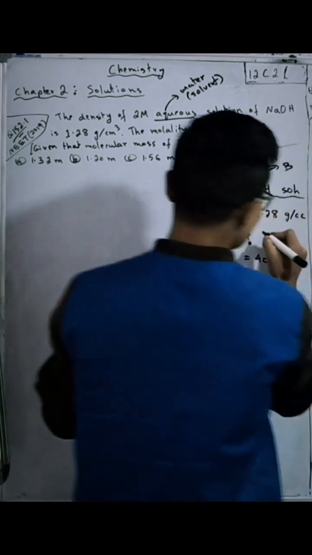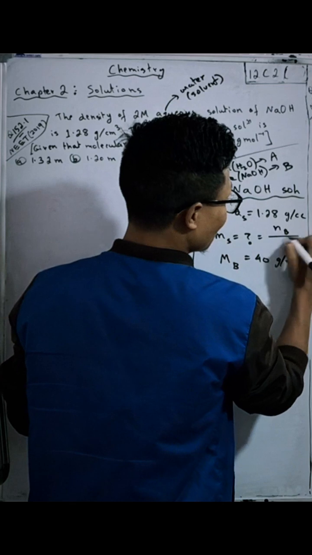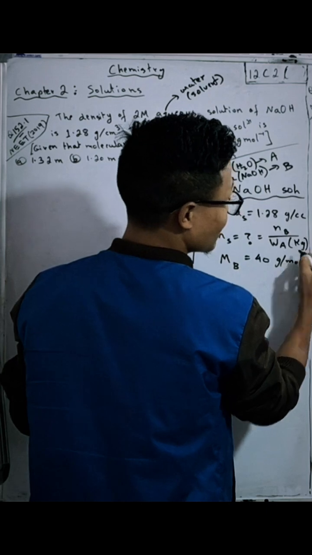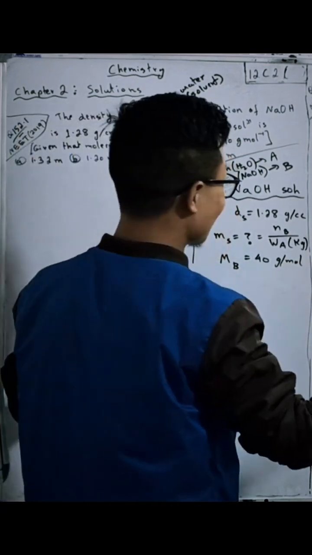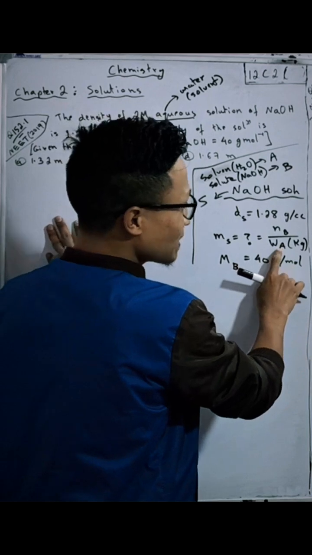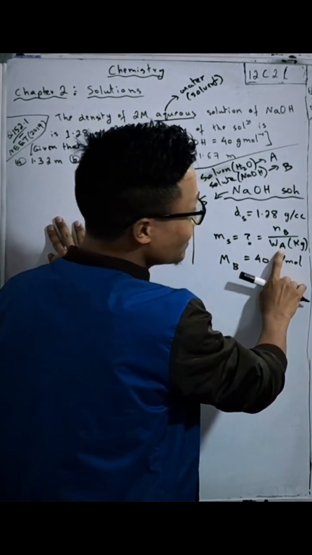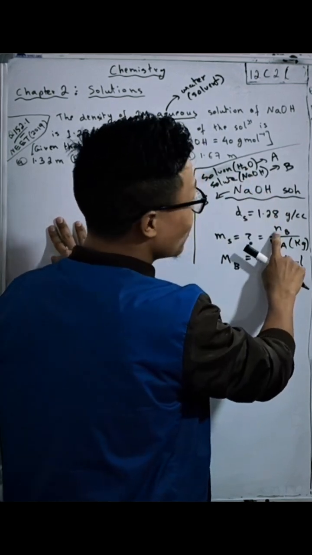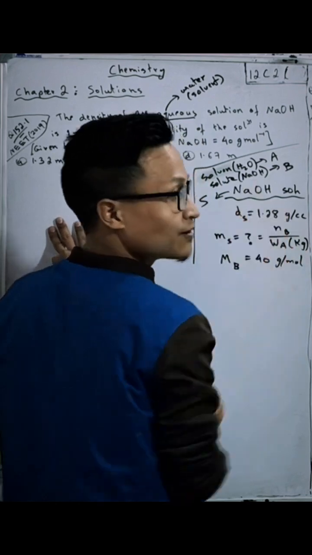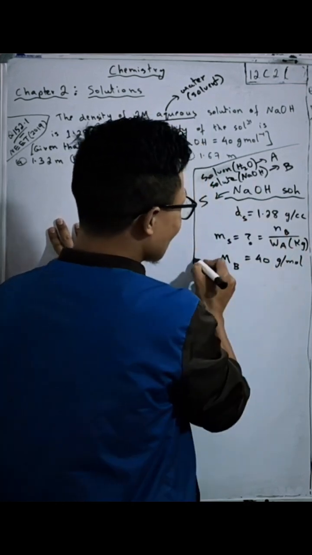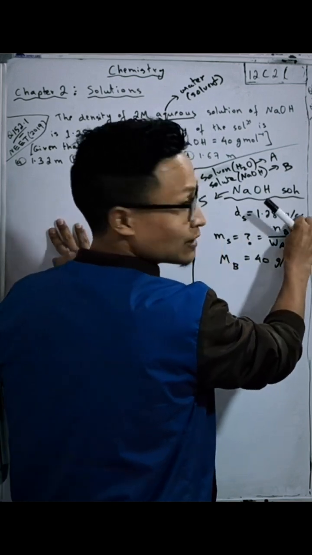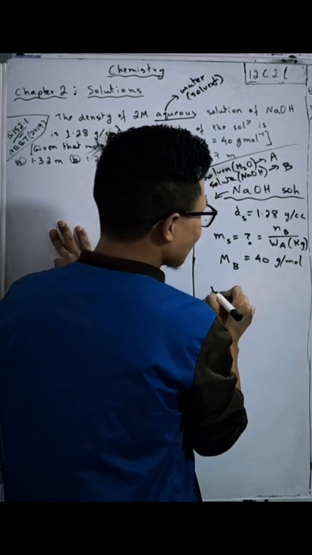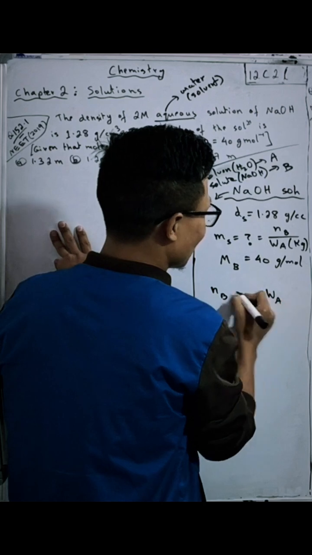The mass of the solvent means the mass of water, and the number of moles of the solute means the number of moles of sodium hydroxide. To find molality, we have to find the number of moles of the solute and the mass of the solvent. So how to find this nB and WA?